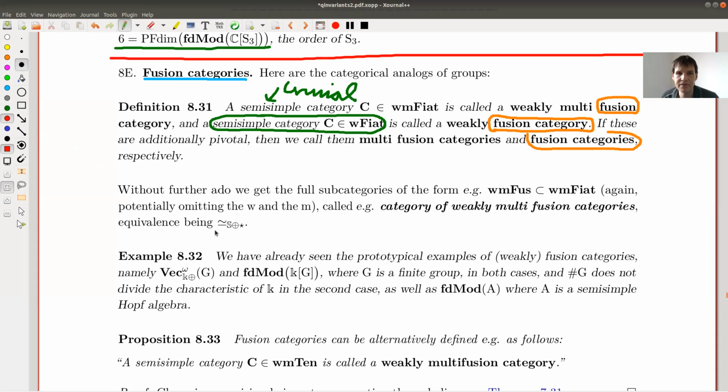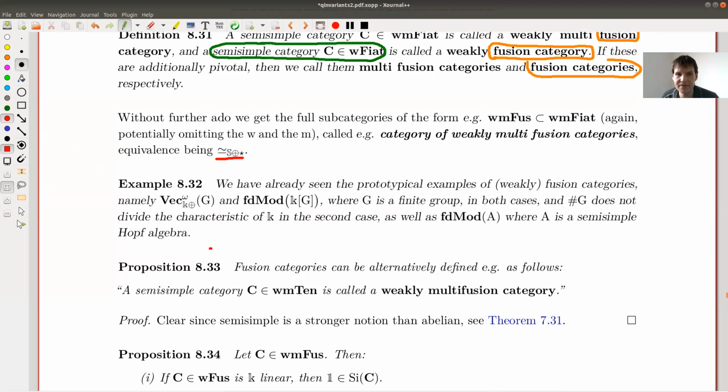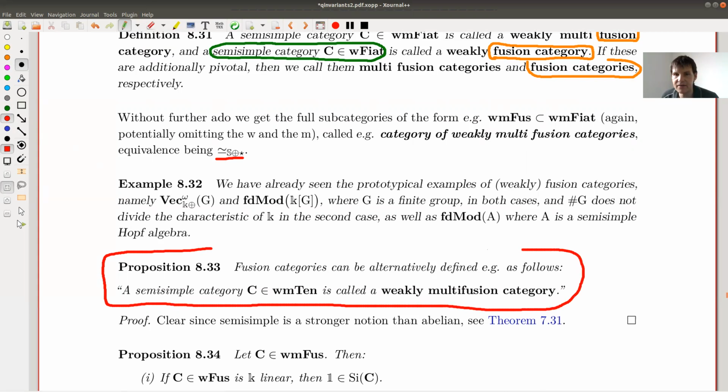The right equivalence for them is, of course, linear, additive, and monoidal. For those, I don't really have to care whether I define them as semi-simple Fiat categories or semi-simple tensor categories, because in this case those two notions agree. It's just because semi-simple is a stronger notion.